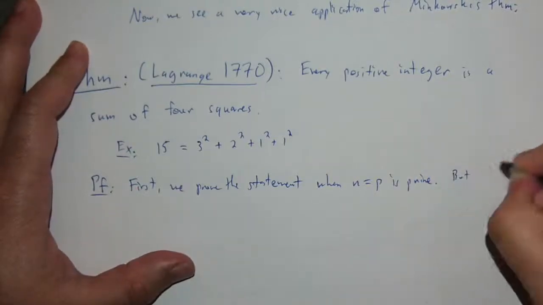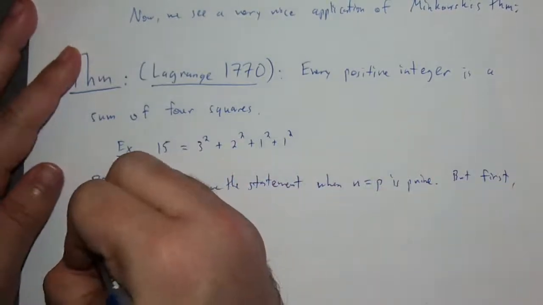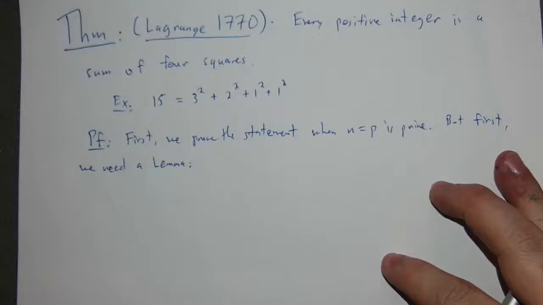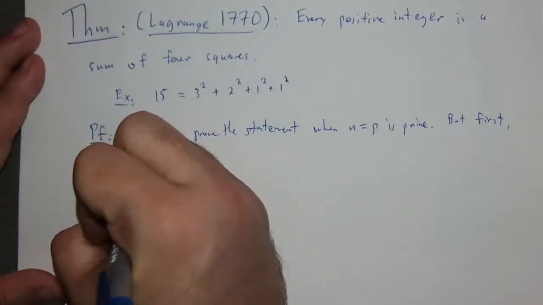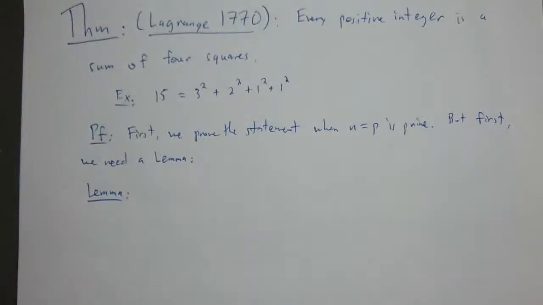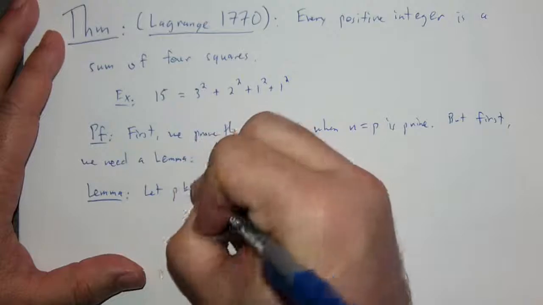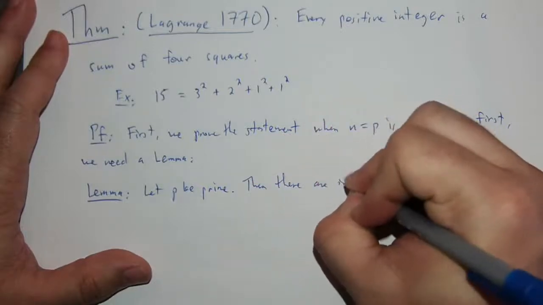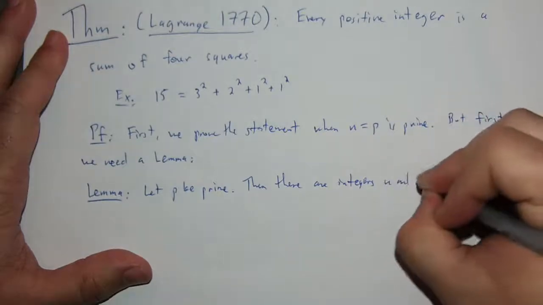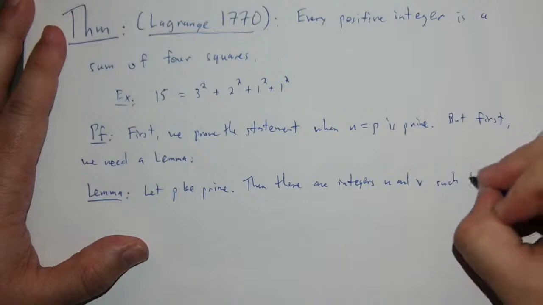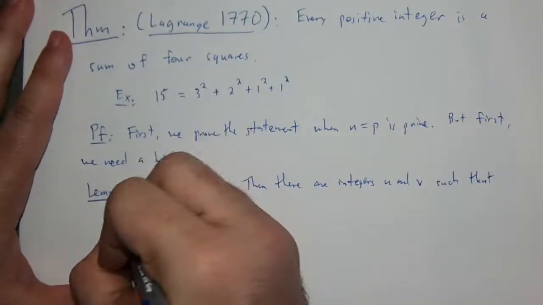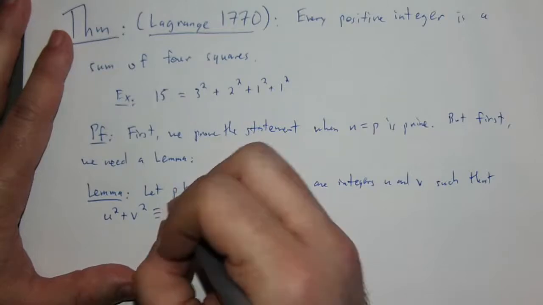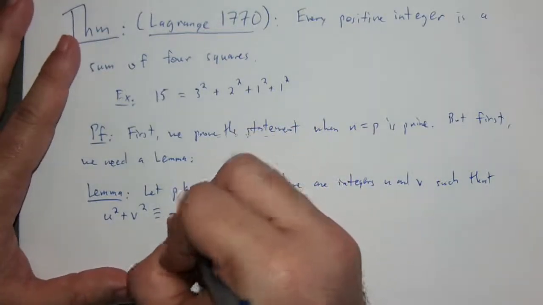But first, we need a lemma. And this lemma seems like it comes completely out of nowhere, but it will become clear why it is important in a bit. So let p be prime. Then there are integers u and v such that u squared plus v squared is congruent to -1 mod p.